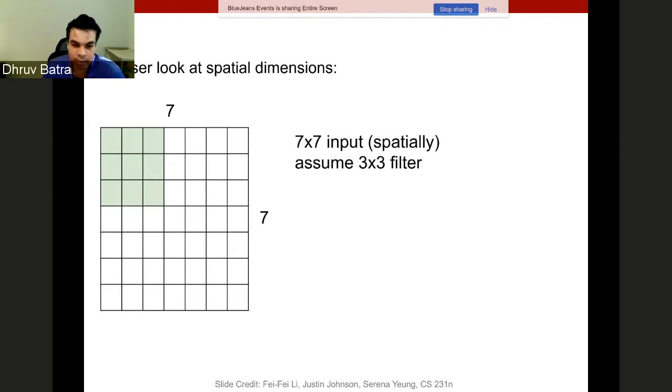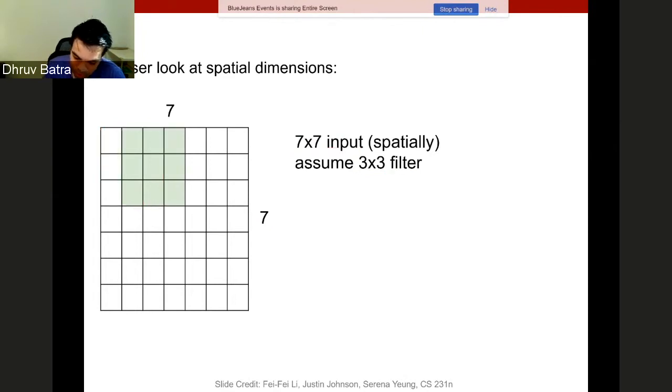This is, for example, what that would look like for a simple object. Let's assume we have a 7 by 7 input, so N1 and N2 are both 7. We're simplifying and not showing you the third dimension, the channel dimension, just so that we can understand the spatial dimensions. Let's assume a 3 by 3 filter. This right here is my 3 by 3 filter object.